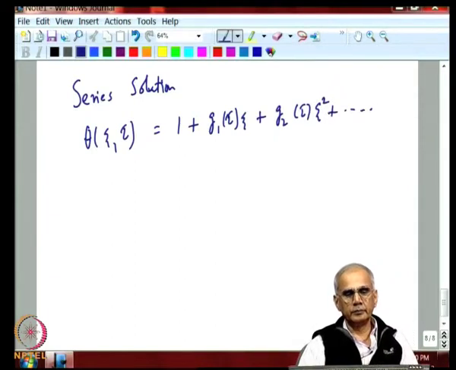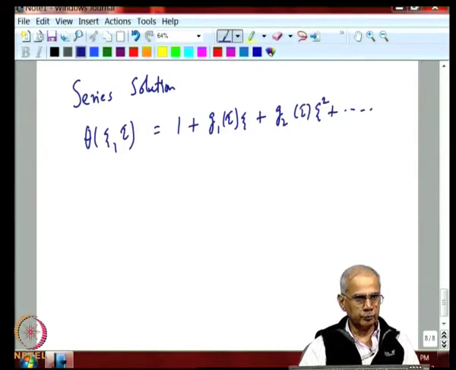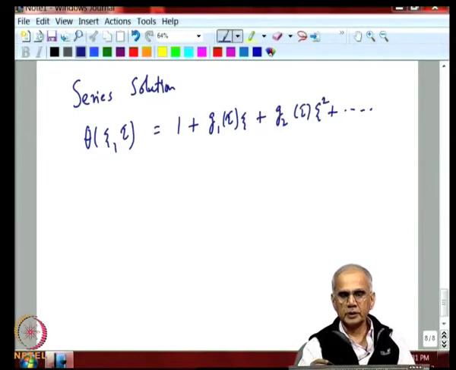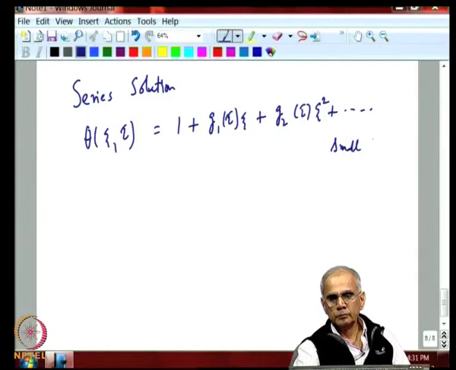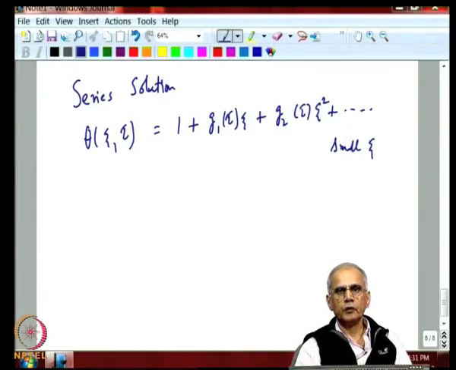So, you are expanding the non-dimensional temperature in terms of the two functions psi and tau, and psi, remember, is your x coordinate and tau is your y coordinate. As you probably realize, this is a solution which will only work for small psi, because there is a series expansion. We wanted to converge, we will converge only if psi is less than 1. Okay.